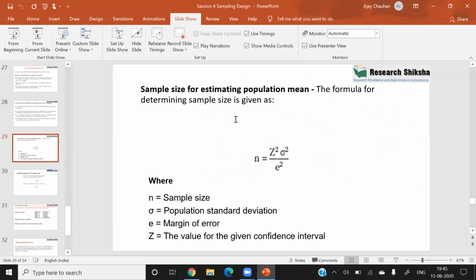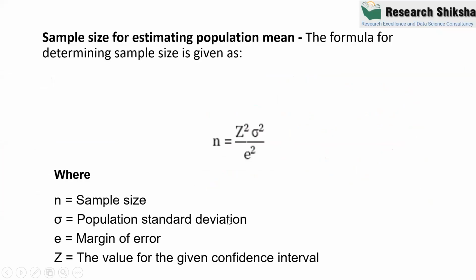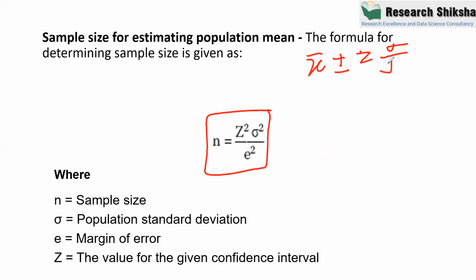This is the formula which is mentioned in almost every statistics book. In all these statistics books, they mention that the sample size can be calculated by this method. It is calculated from the confidence level, that means plus minus Z sigma upon root n, and this value is known as the error.